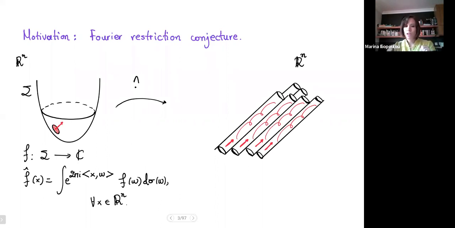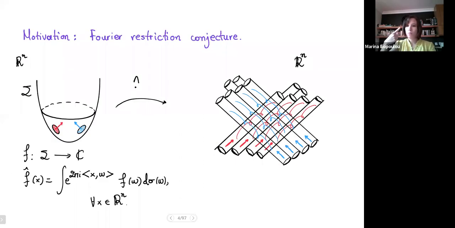Now if I take another cap somewhere on the surface that has some other normal, it will give rise to another family of parallel tubes parallel to that normal, and the waves coming from that cap only will evolve inside those tubes. So as the tubes intersect each other, the waves interact with each other. And the question is, how do they interact?